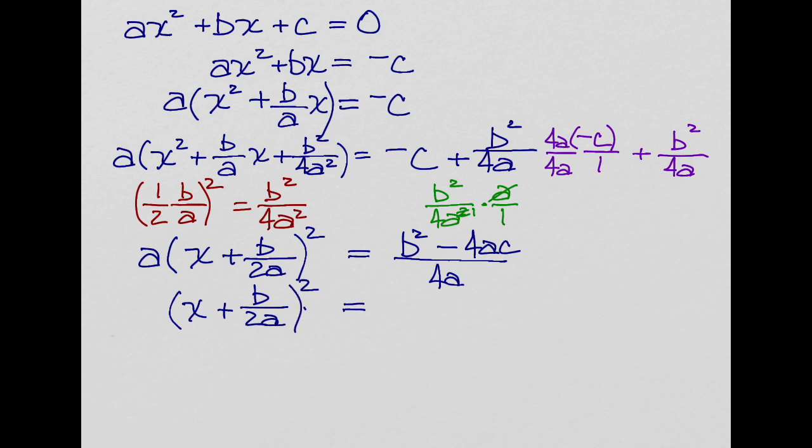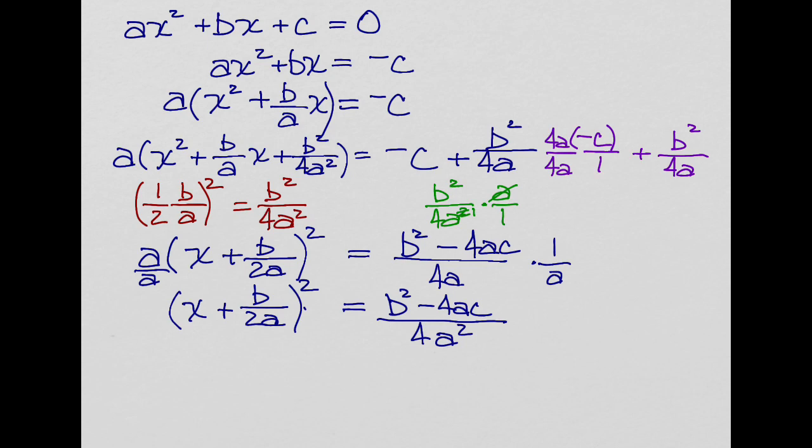And when I divide by a over here, that's like multiplying by 1 over a. So now I have another a in the denominator. I have b squared minus 4ac and 4 times, now I have 2 factors of a, a squared.